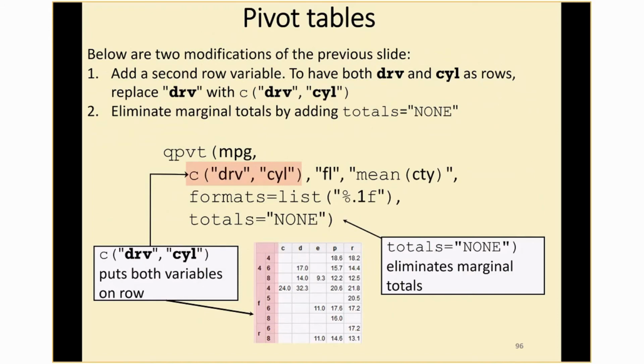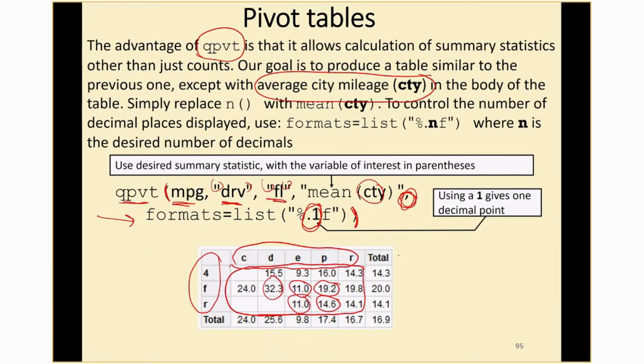In this pivot table, I want to have not only different fuels, but I want to have combinations of drives for front, rear wheel, as well as cylinder. And in the previous slide, there were these totals here that are actually misnamed because they're not totals.